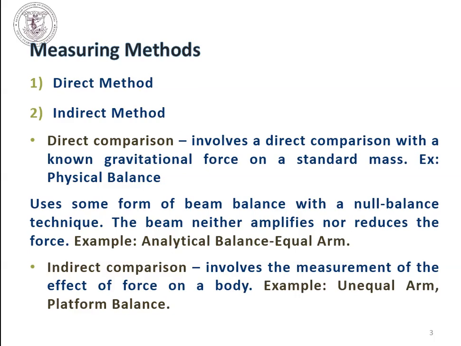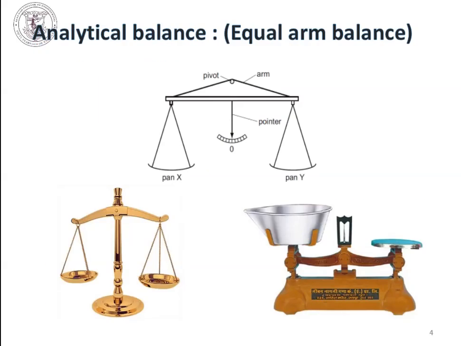Let us start with the direct method, where we take the analytical balance. It is an equal arm balance. By looking at the figure, you get some basic idea of what we call an equal arm balance. The direct comparison of unknown force with the gravitational force can be explained with the help of an analytical balance.